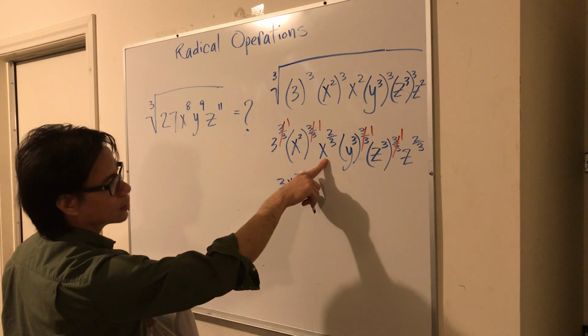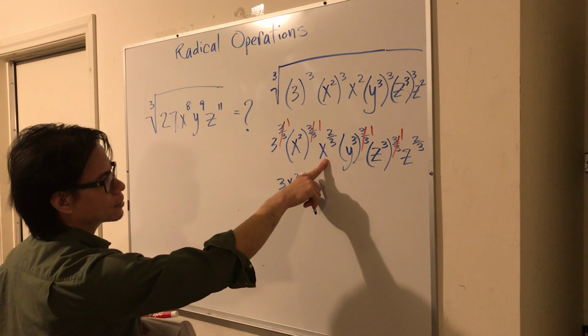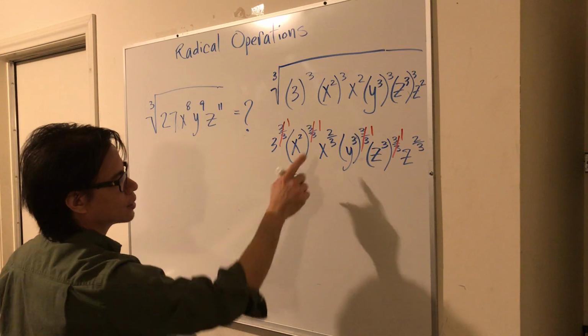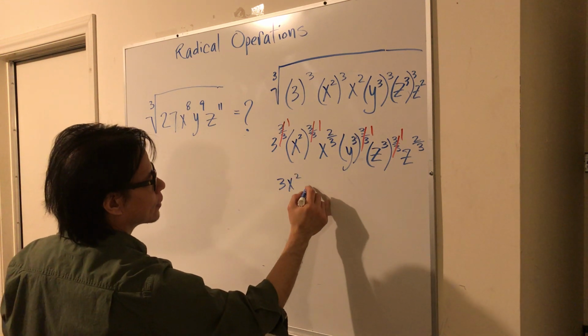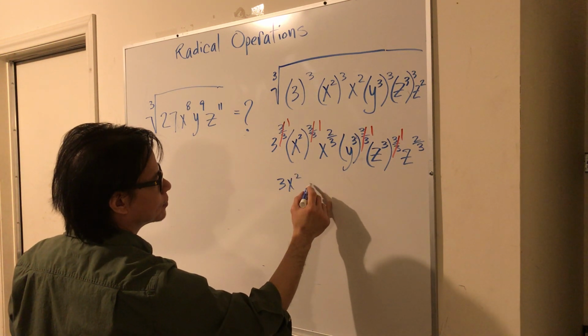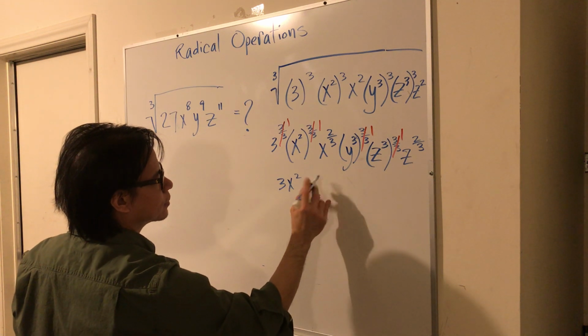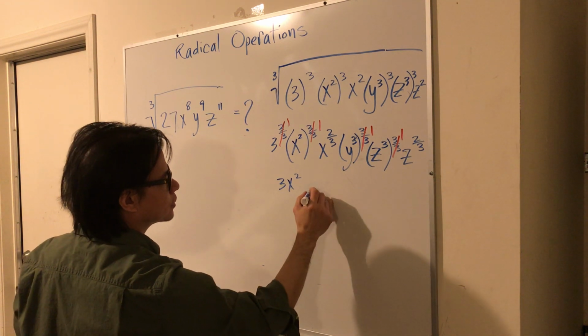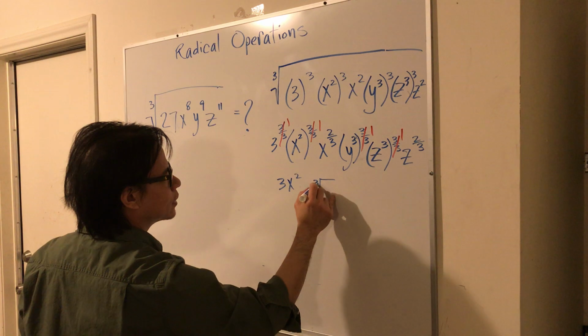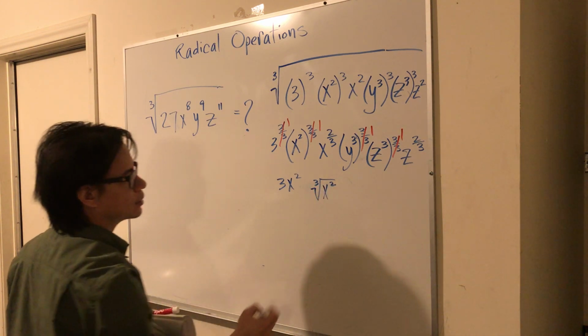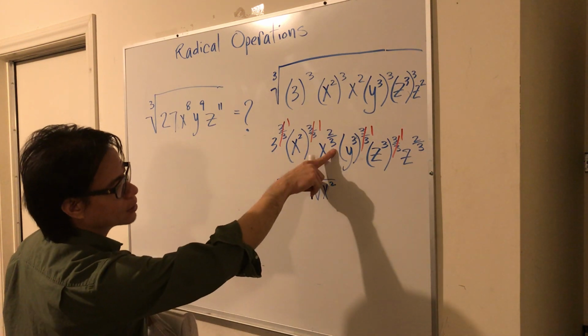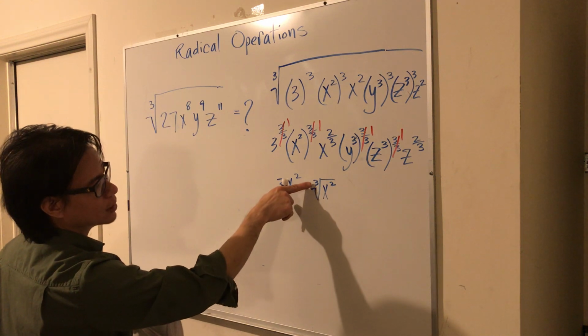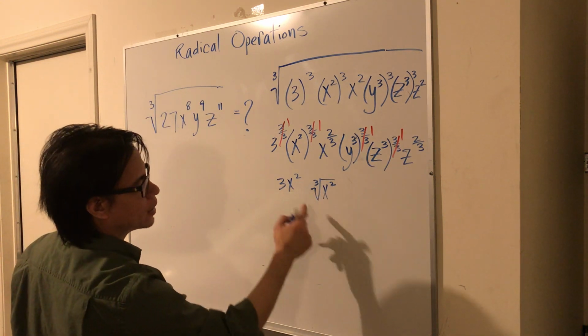Now here we're going to write this as the cube root of x squared, like that. Remember the denominator becomes the little number there on the outside.